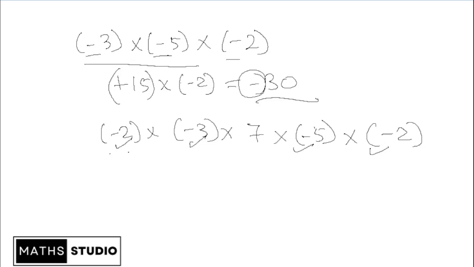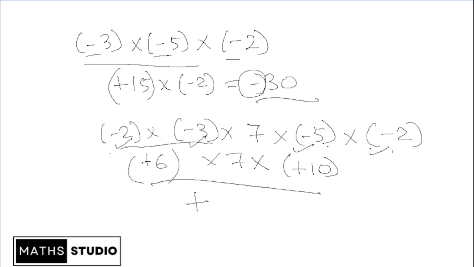So overall result will be plus only. Let's see. Minus 2 into minus 3 is plus 6 into 7 into 5 2s are 10. Minus into minus will give you plus. So this would be plus 10. So overall result would be positive only.